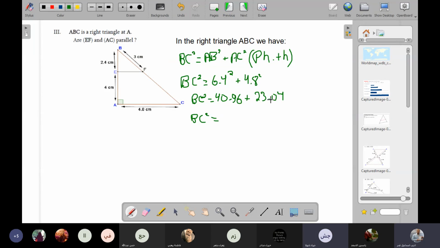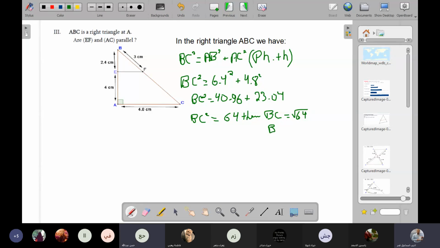So BC square should be, if we add them, 64. Then BC equals radical 64. Are you still with me? Yes. Radical 64, which equals 8.